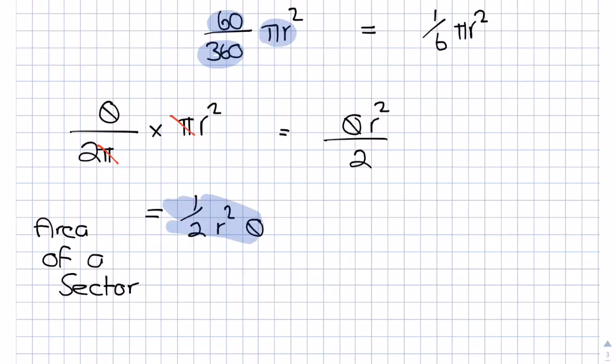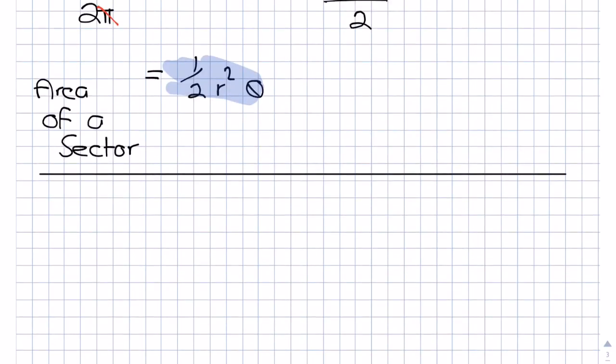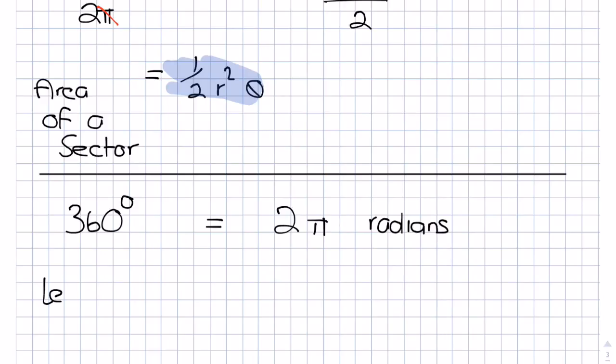So that's basically a couple of important things there. I'm just going to sum up those 1 or 2 things that we've done up to that point. 360 degrees is 2 pi radians. The length of an arc is given by the formula r theta, in other words the radius of the circle multiplied by the angle in radians.